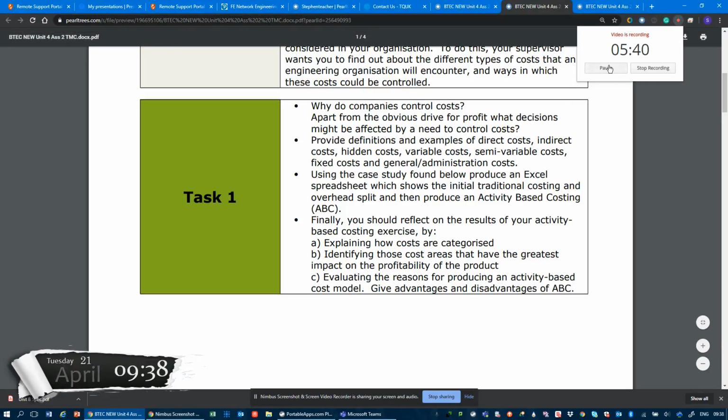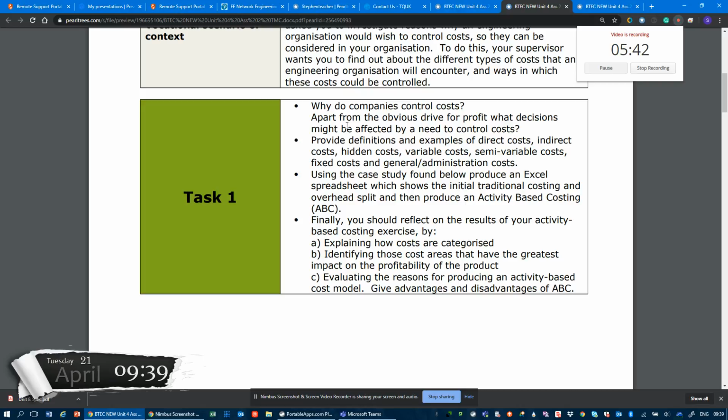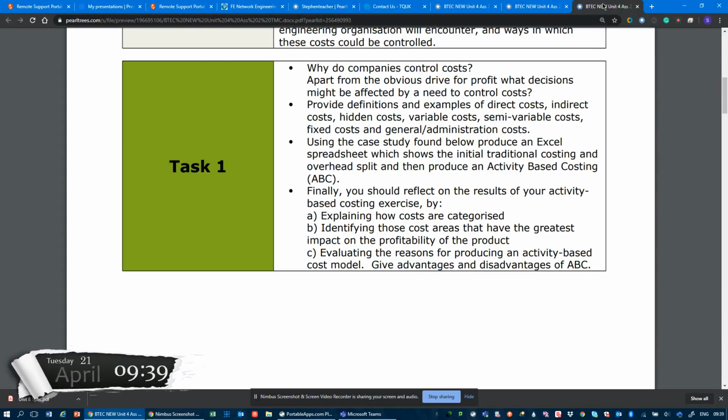Okay, hold on a second. Okay, so next up on this list of things to do, it says provide definitions and examples of direct costs, indirect costs, hidden costs, variable costs, semi-variable costs, fixed costs, and general administration costs. So what do all those costs mean? What do we understand by those?